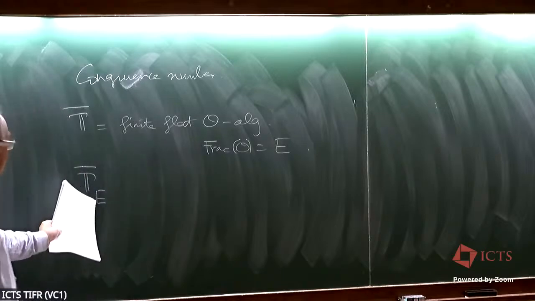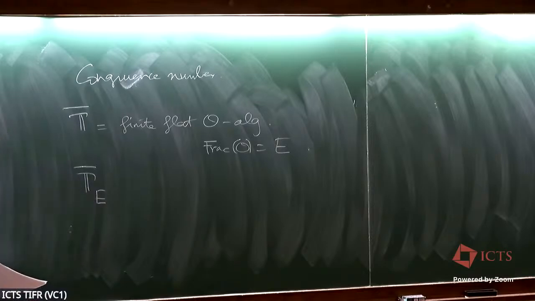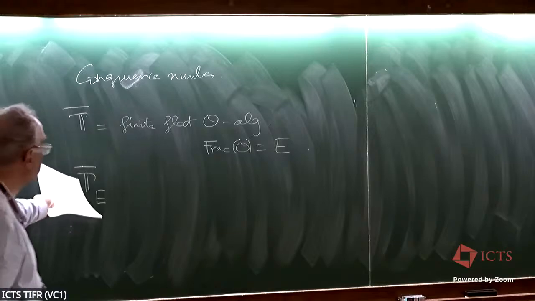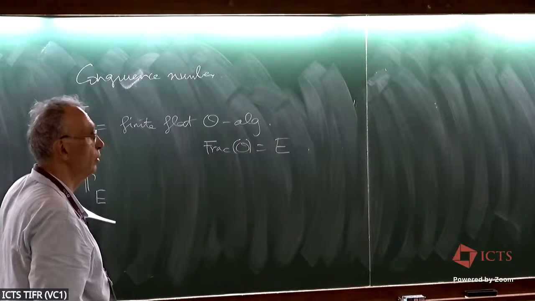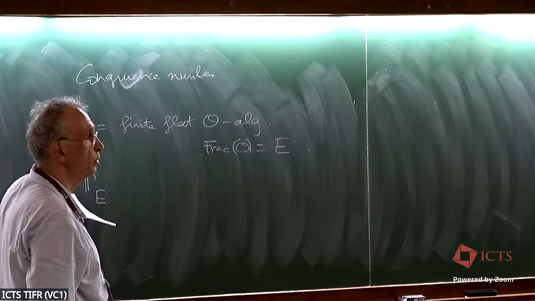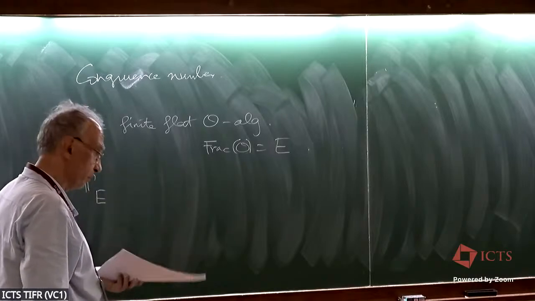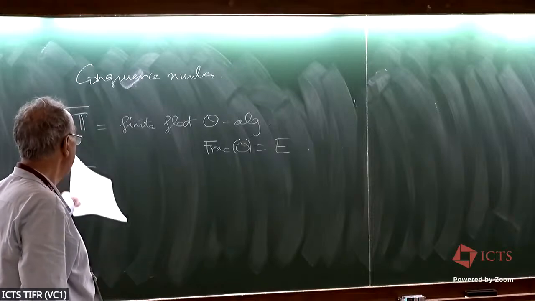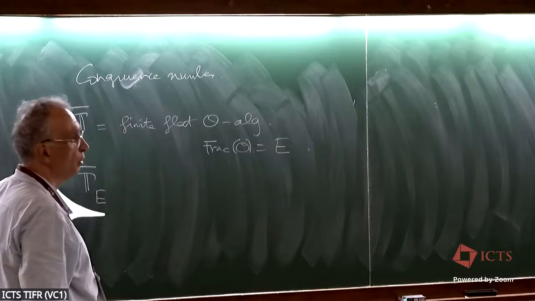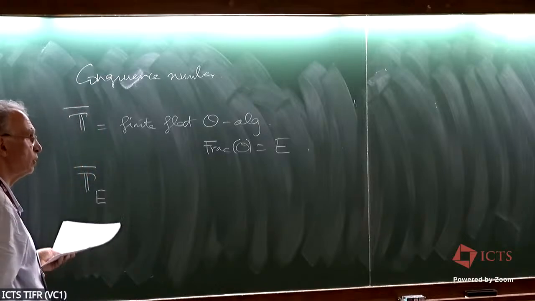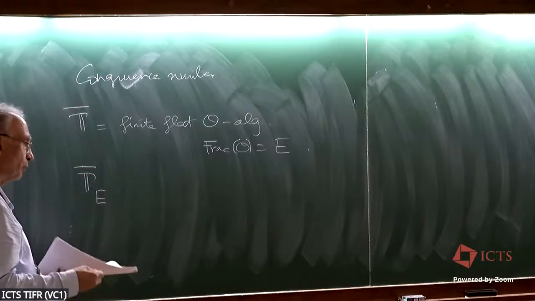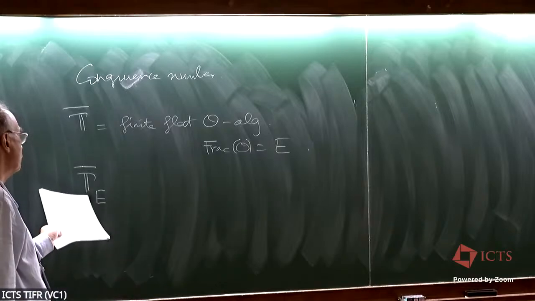So I tensor by E, and we defined the Hecke algebra using only unramified Hecke operators. Because of that, this finite algebra is actually semi-simple. This is not the case if you include the bad Hecke operators, but here this is semi-simple.